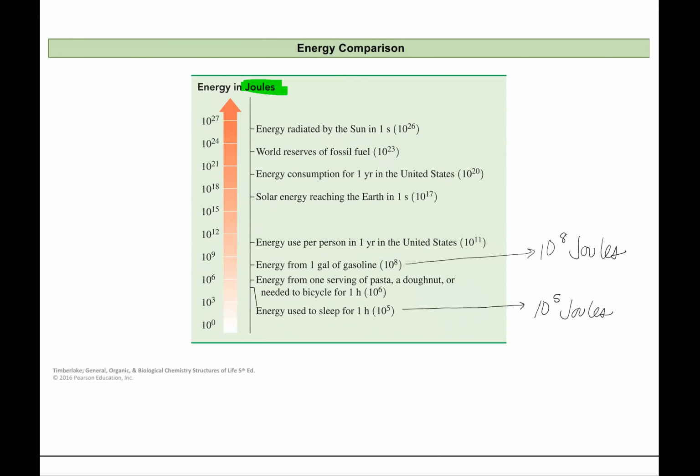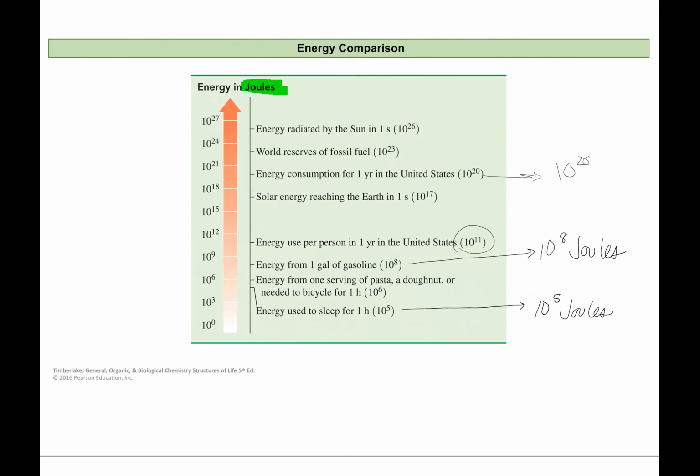We use about 10 to the power of 11 joules per year in the United States for our personal energy consumption. And for the United States as a whole, that consumption is 10 to the 20th power.